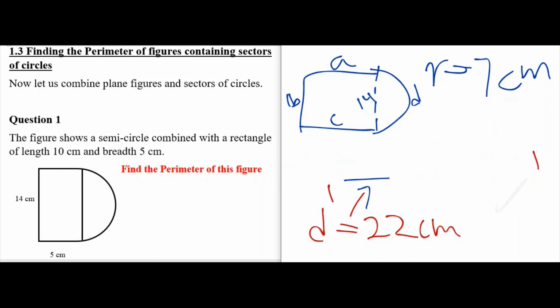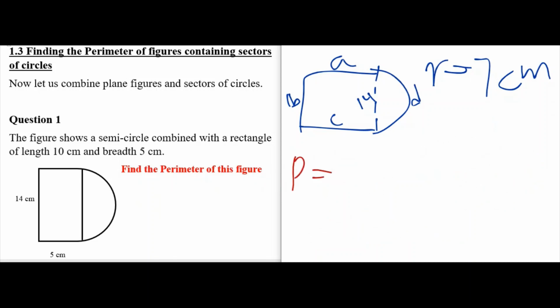D, now how we find the perimeter is by adding a plus b plus c plus d, because we do not count the side of the rectangle which is covered by the semicircle, because that doesn't count as a part of the perimeter.